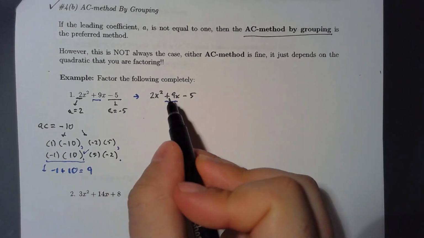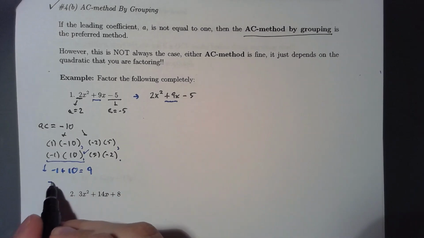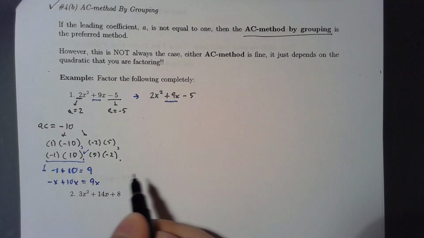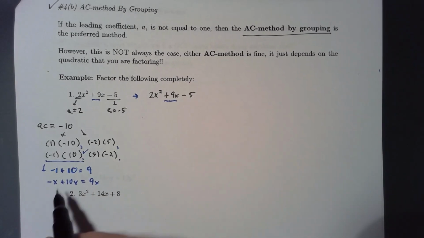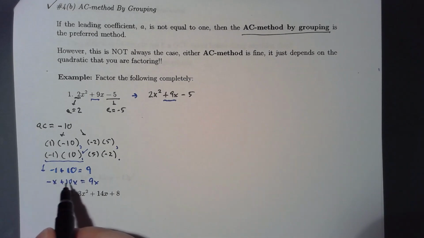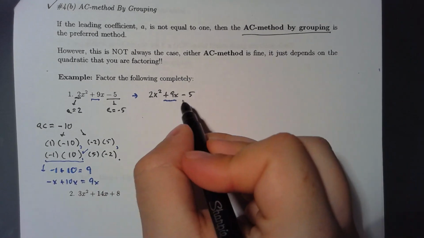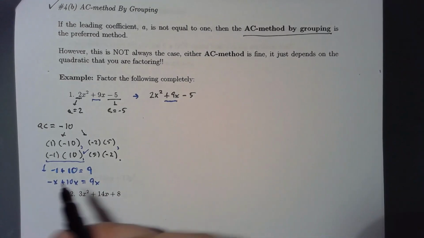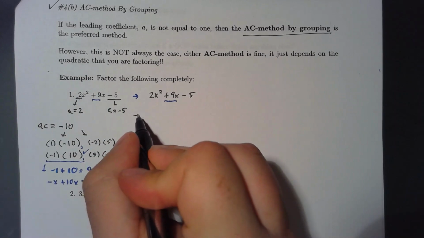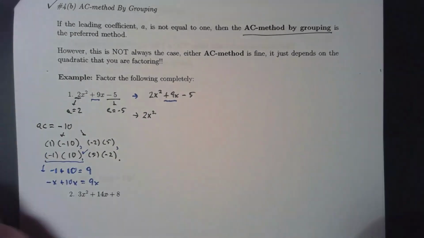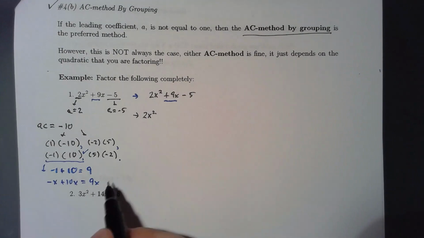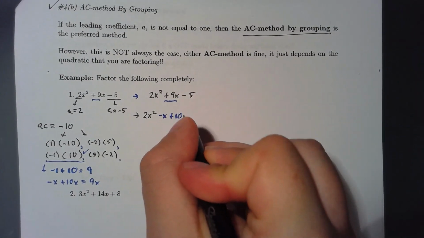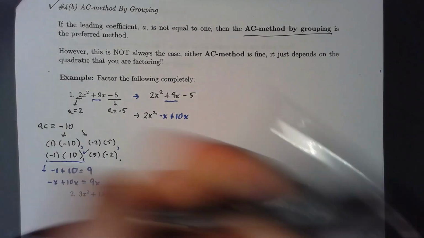So instead I'm going to write this middle term as -x plus 10x because that gave me 9x. These values represent the values of the b term. So I'm going to have 2x squared, and instead of writing 9x, I'm going to write -x plus 10x, and then I had a -5.